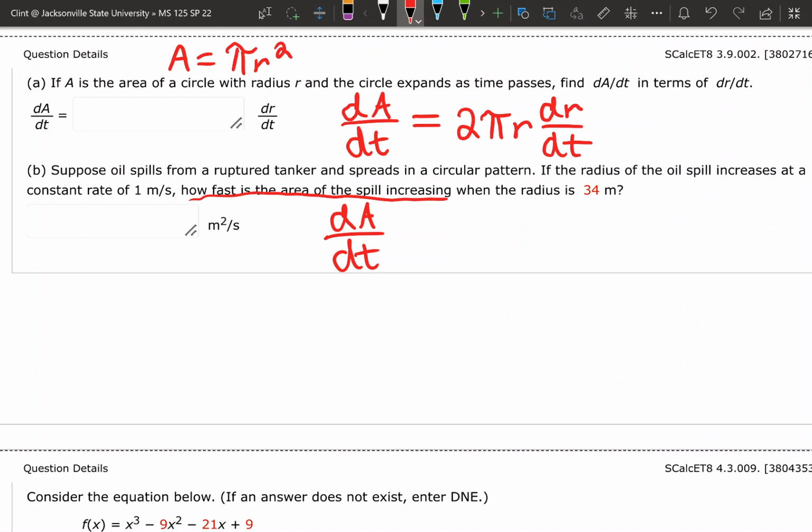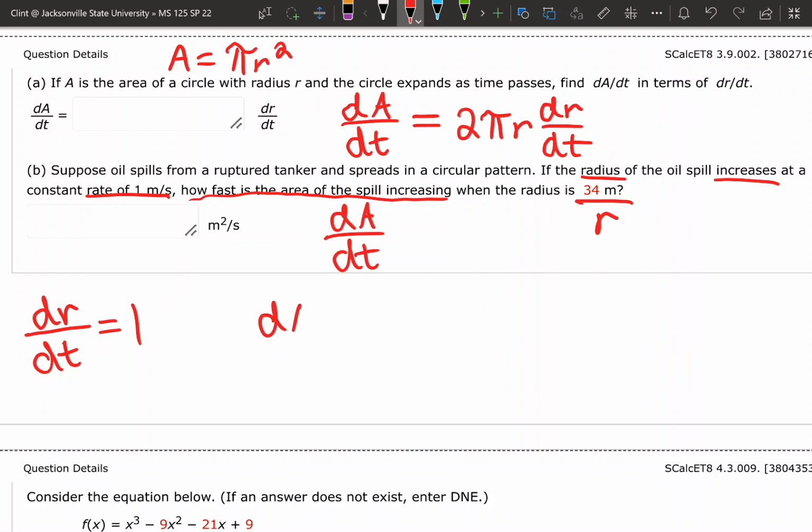And it says if the radius increases at a rate of 1 meter per second, so that would be how the radius changes with respect to time. dr/dt, so dr/dt is 1. We want to know what dA/dt would be when the radius, when r is 34.